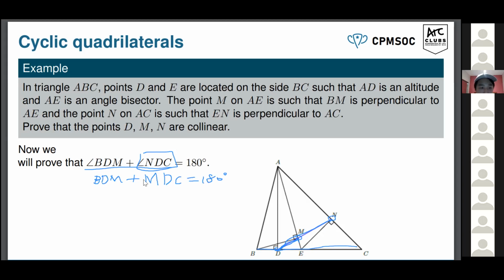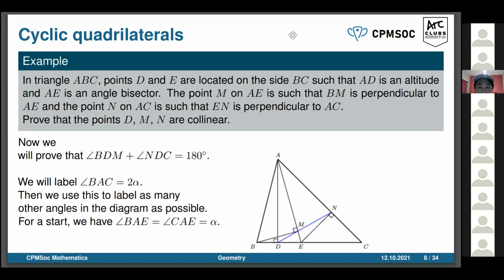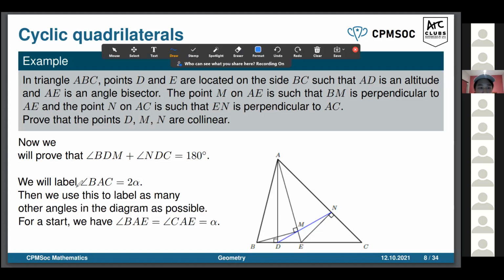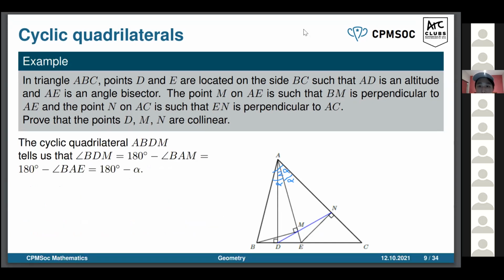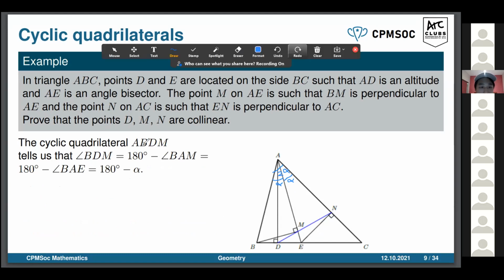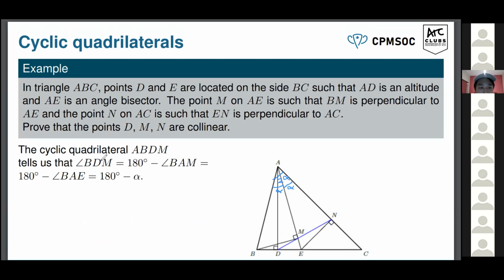Okay, let's try to do that by some angle chase. We'll first label BAC as 2 alpha, right? And then we'll label as many angles as possible. BAE and CAE are both alpha because AE is the angle bisector of the triangle. Then cyclic quadrilateral ABDM tells us that angle BDM is 180 minus angle BAM.